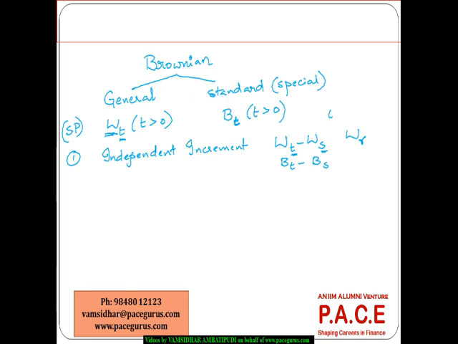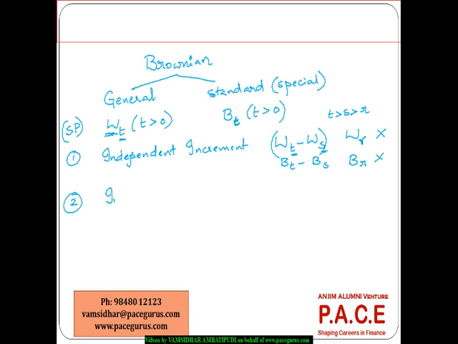So where t is greater than s is greater than r, this increment is not dependent on Wr, not dependent on Br, which means the increments are completely independent. That is one major property of Brownian motion.